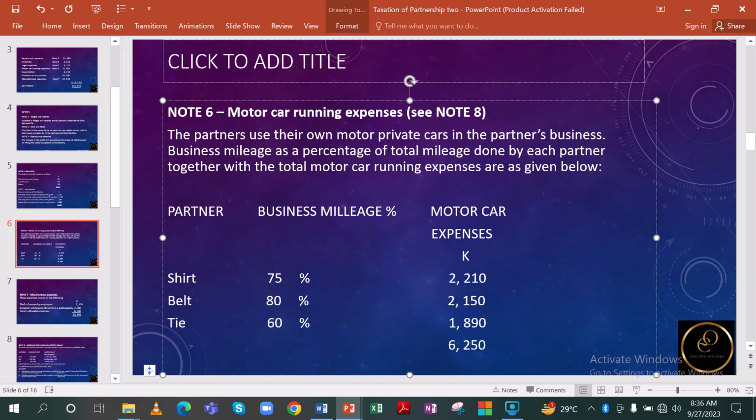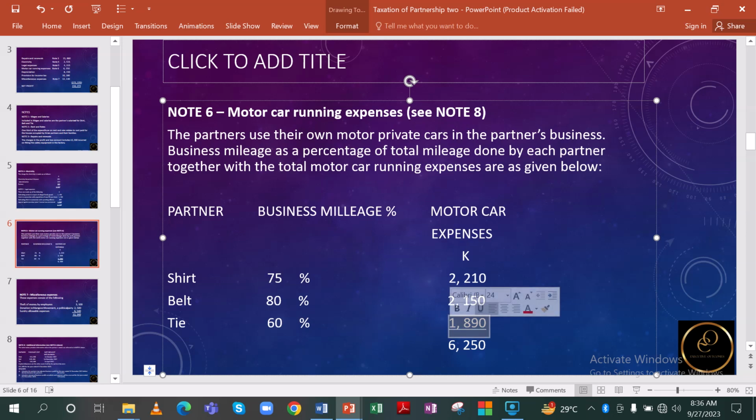Then we are going to work out the 25% for Shet of the 2,210, the 20% for Belt of 2,150, and the 40% for Ty of 1,890.